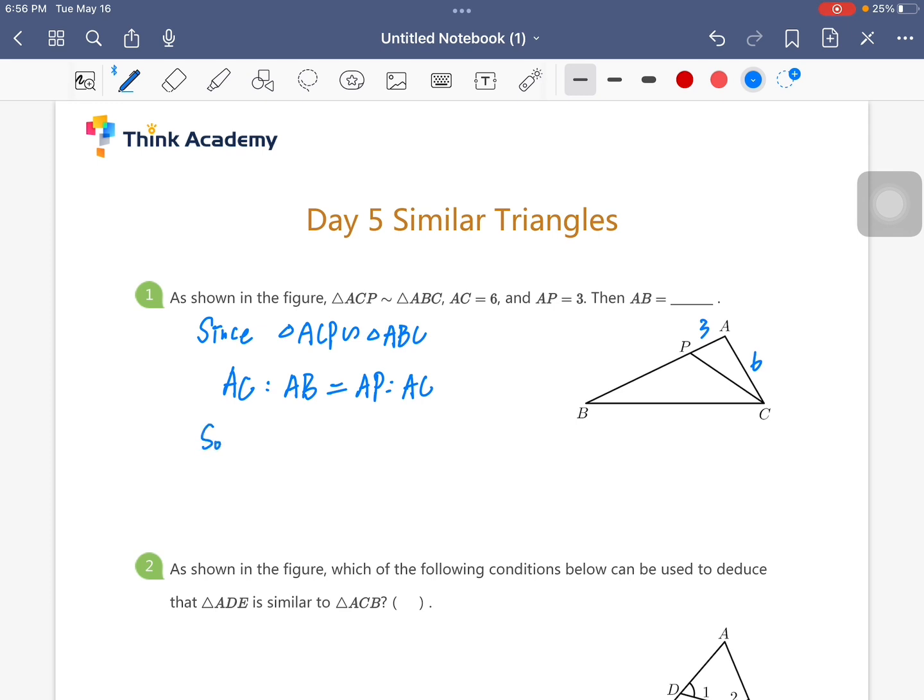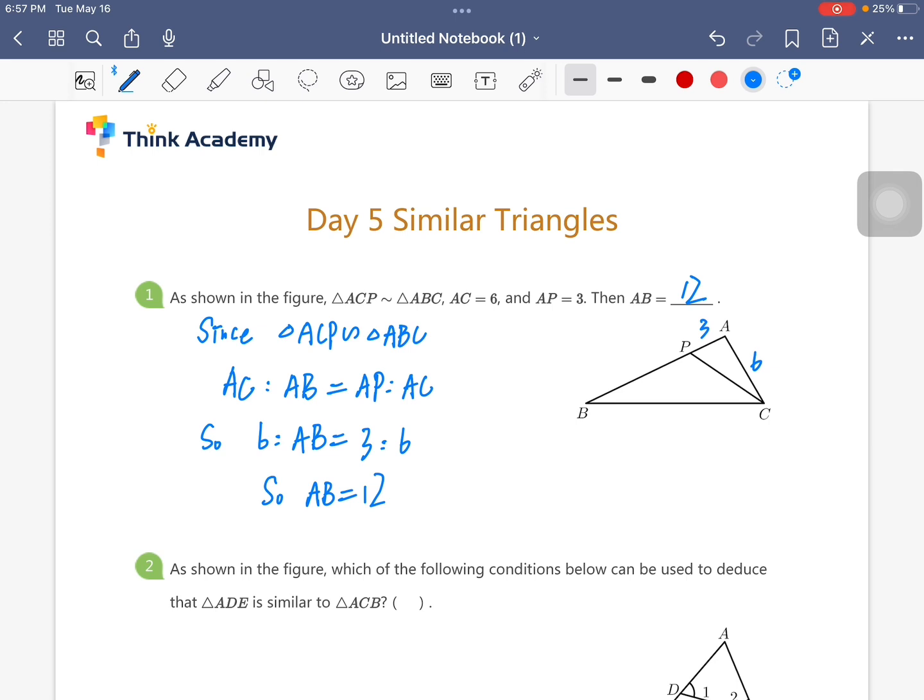So we have AC equals 6, AP equals 3, and AC equals 6. We can get AB equals 12. So the answer is 12.